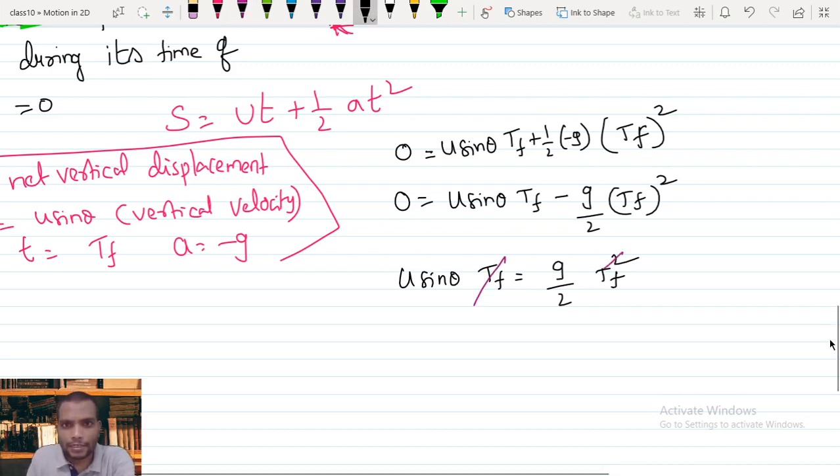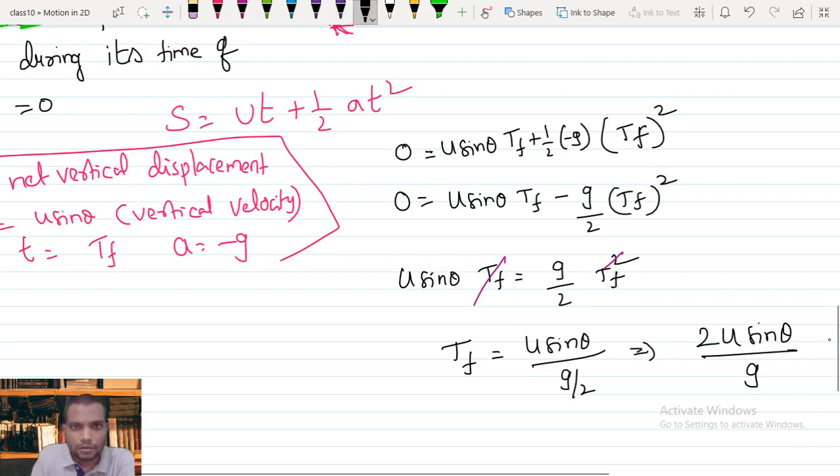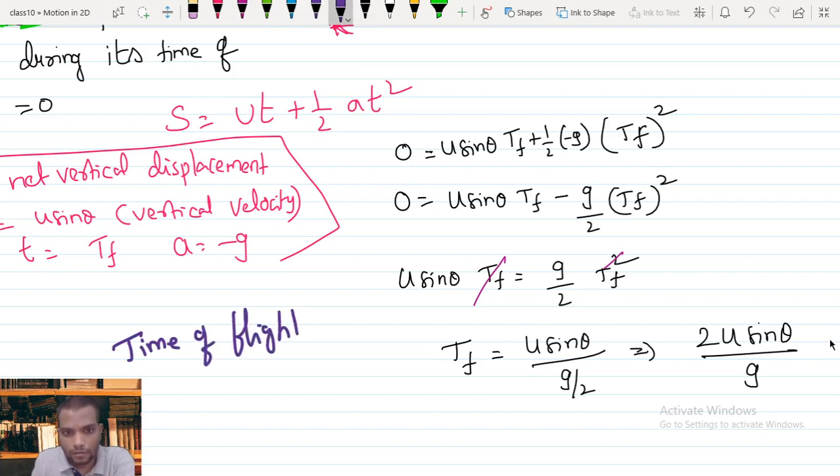Now the time of flight t f equal to u sine theta upon g by 2, and we can take the reciprocal, so it becomes 2u sine theta upon g. Therefore the time of flight t suffix f equal to 2u sine theta upon g.